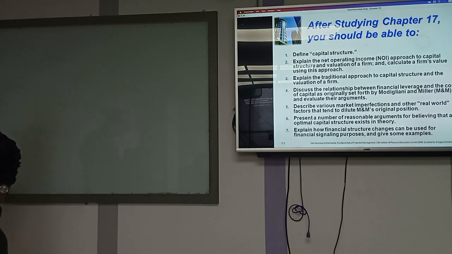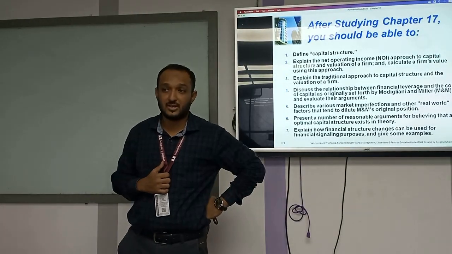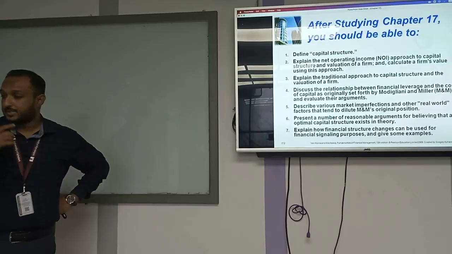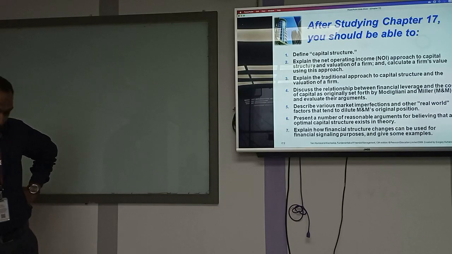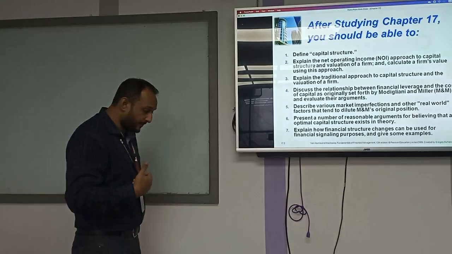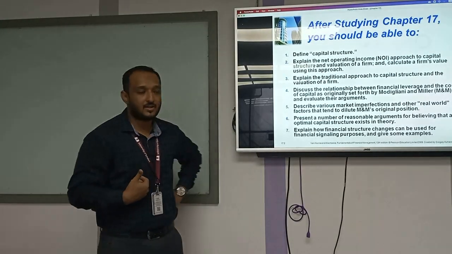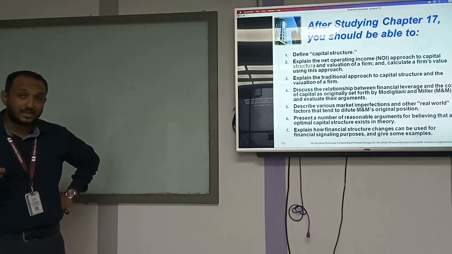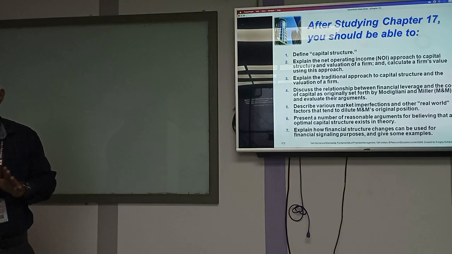They are two distinguished persons who received the Nobel Prize for their theories. That will describe various market imperfections. Then there will be some theoretical points, and we will also see what the situation will be after adding tax to our capital structure, and whether there is any tax benefit if I restructure my capital structure.